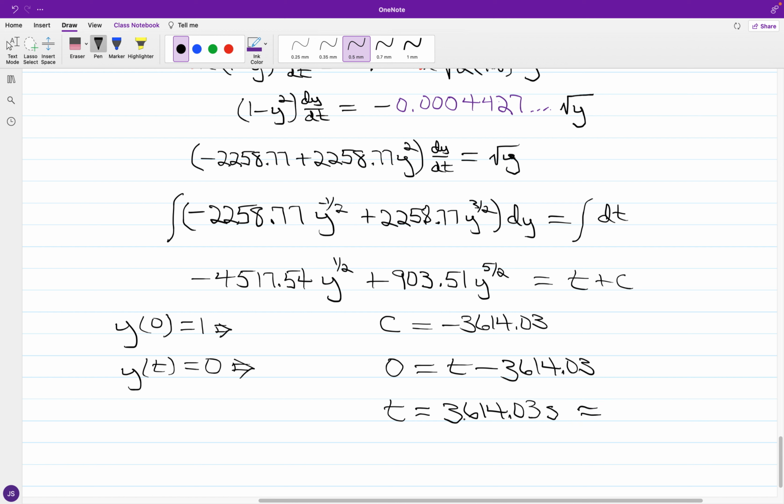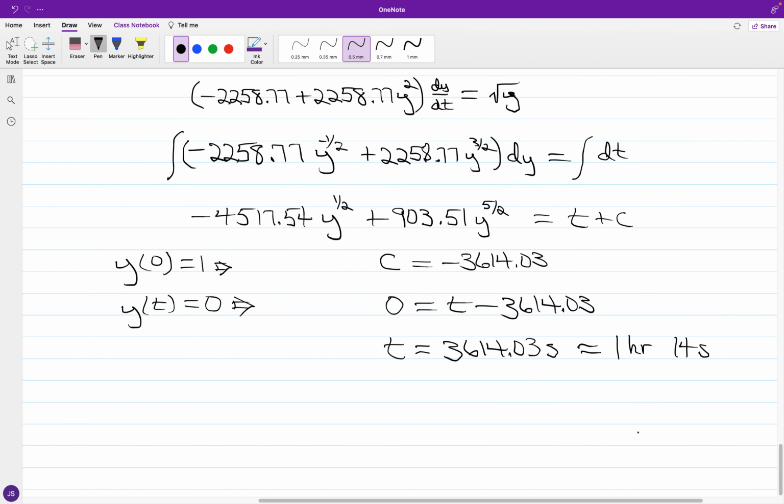In terms of time, 1 hour is 3600 seconds, so you have like 1 hour and 14 seconds.